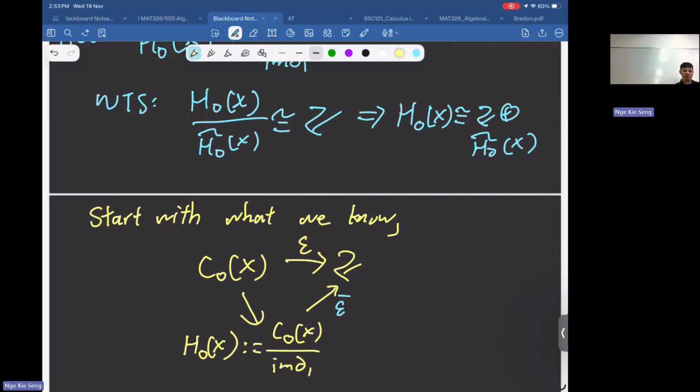So can we do anything here? Is this an isomorphism? Is the epsilon bar an isomorphism? Yeah, true.